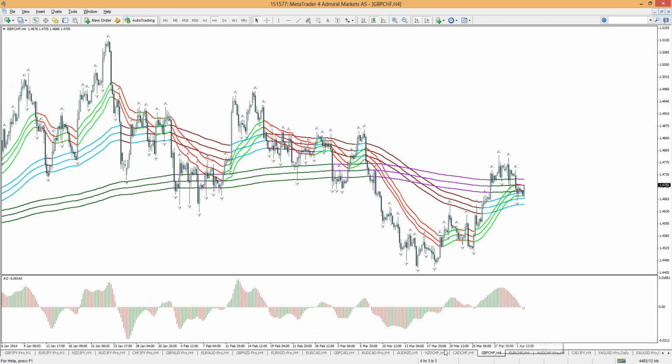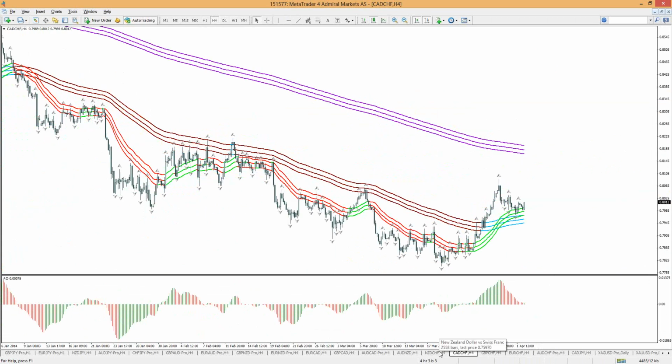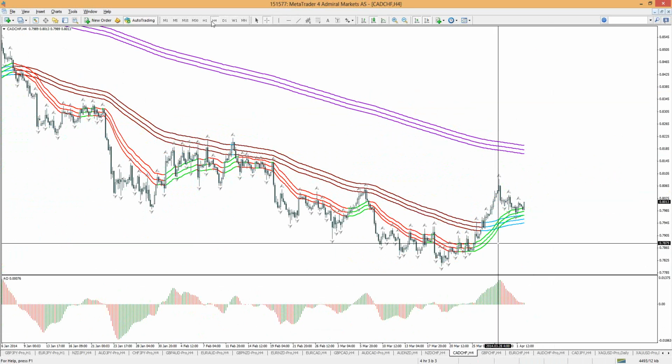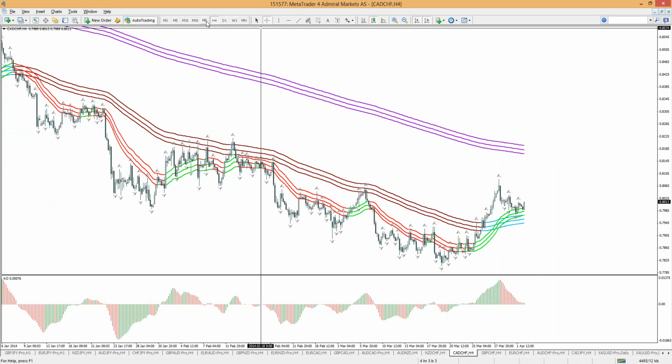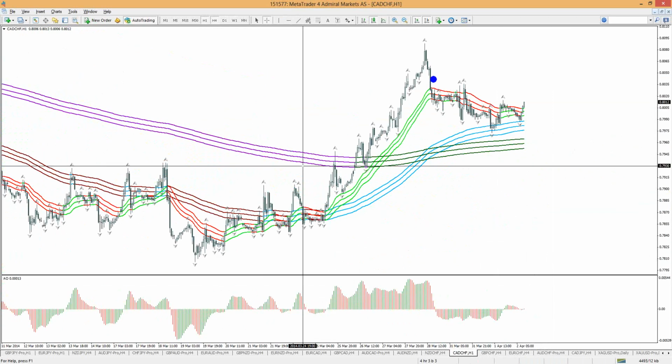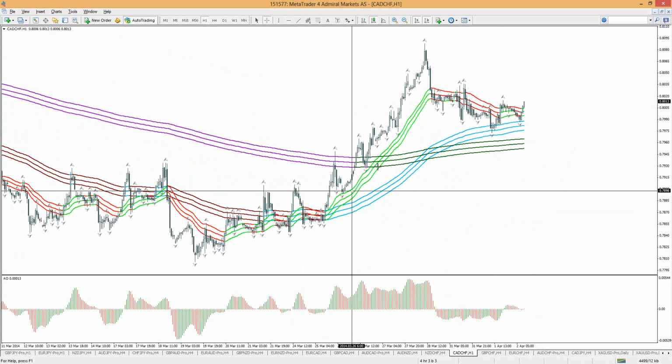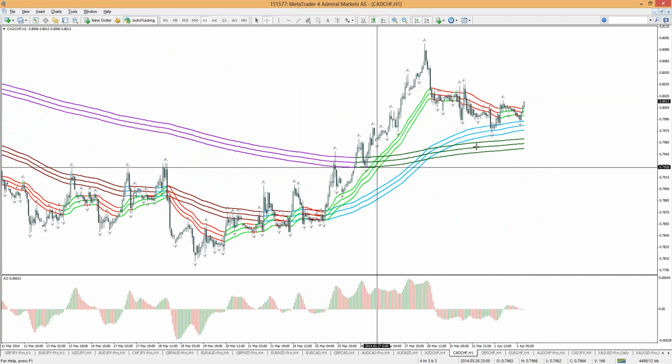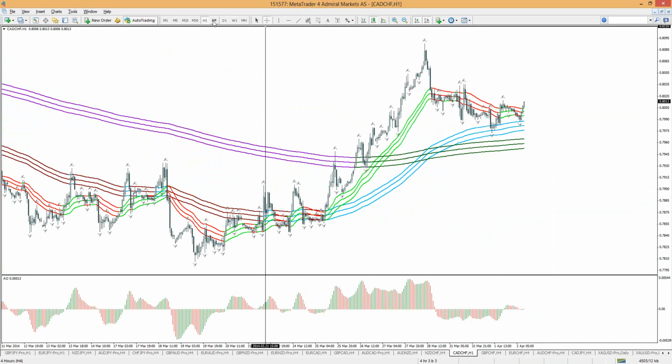Let's see if we can find something that is trending. Maybe the CAD Swissy to the upside, in fact, because the CAD Swissy had a strong impulse here, and it looks like we have a potential that this is a correction for one more upside up to the purple band. The purple band is about 81.70, 82. And you can see that this is starting to look like a correction. So that could be maybe interesting. I don't know. It's early though. Everything looks flat. Could be interesting, this upside on the CAD Swissy.